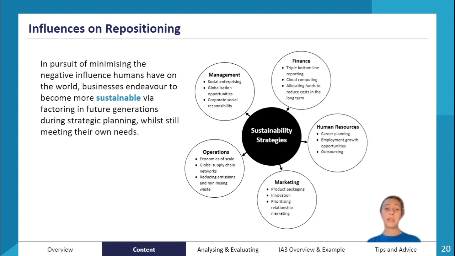A common misconception with sustainability is that it's only about the environment, and that's not true. There are actually different layers of sustainability. Environment is definitely one of them, but you've also got the social aspect of sustainability as well, and other elements in there too.